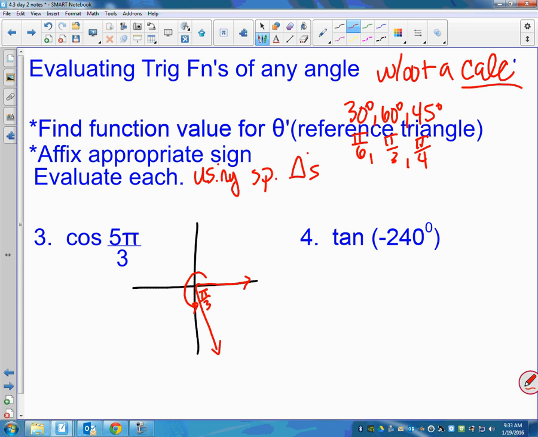Which means we can make a 30, 60, 90 triangle in the fourth quadrant. And so what I'm going to do is draw, and I'm going to make it dotted, you don't really have to, but I can extend that terminal ray down, and I can do right triangle trig in quadrant 4.